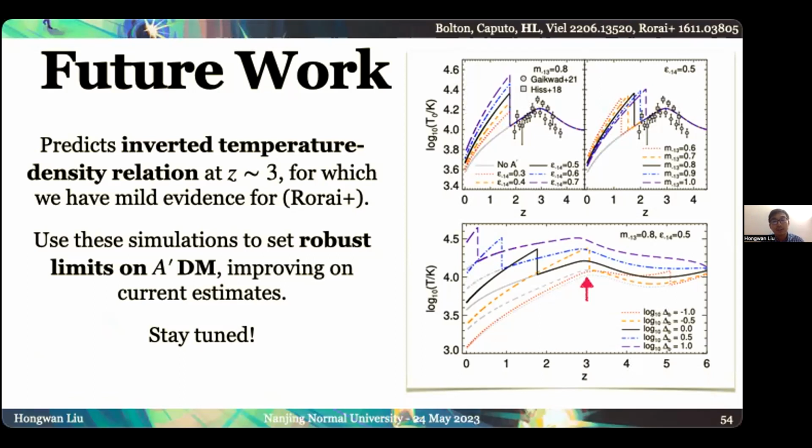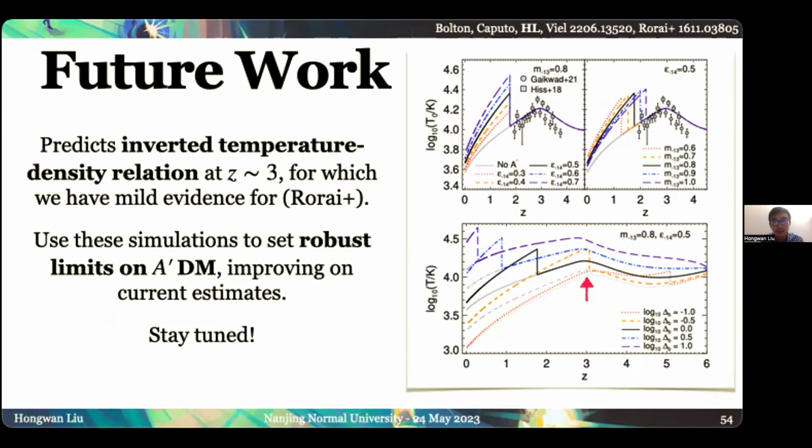And this is something called the inverted temperature density relation. And it seems that there is some evidence for such a relation at these redshifts. But this is something that we want to investigate further. And we want to make sure that this inverted temperature density relation is consistent with the dark photon dark matter picture that I just presented earlier.